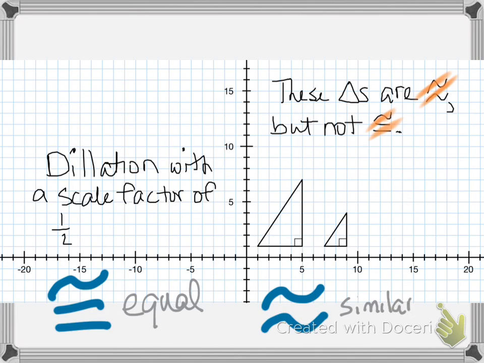Similar means that something is proportional, and you have to prove that it's proportional mathematically for it to work. These triangles are similar because they are proportional to each other, and they are proportional by the scale factor reduction that I showed.